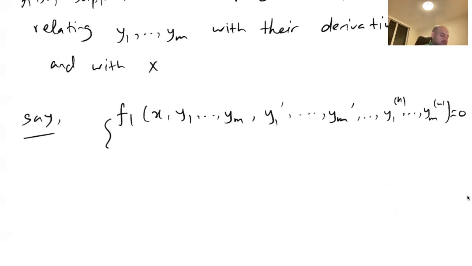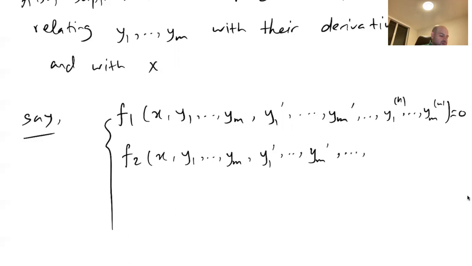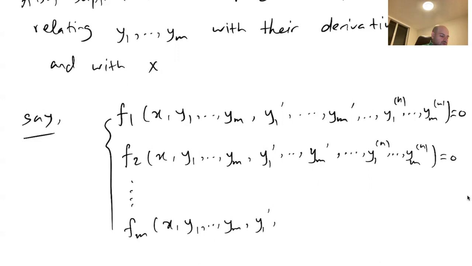And similarly, let's say F2 of X and Y1 to Ym, Y1 prime to Ym prime, and Y1 nth derivative to Ym nth derivative equals 0. And let's say Fm of X and Y1 to Ym and Y1 prime to Ym prime, Y1 nth derivative to Ym nth derivative equals 0.